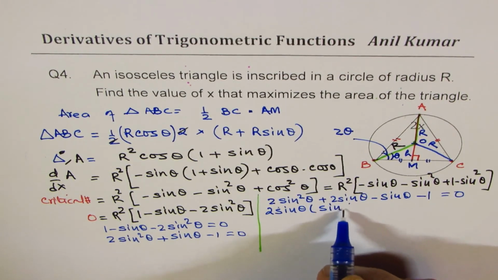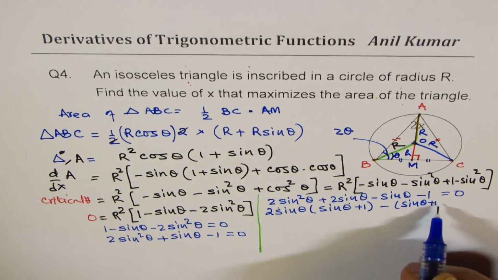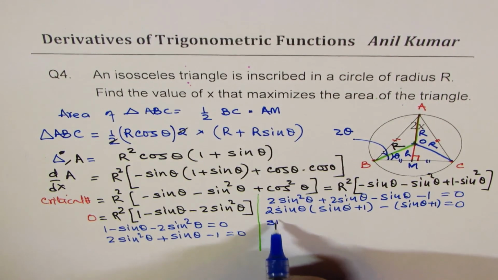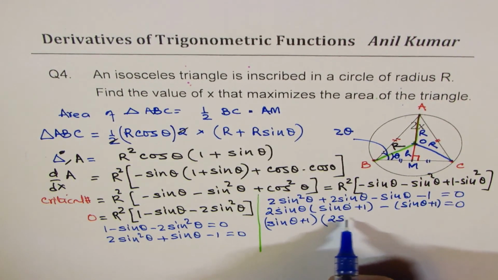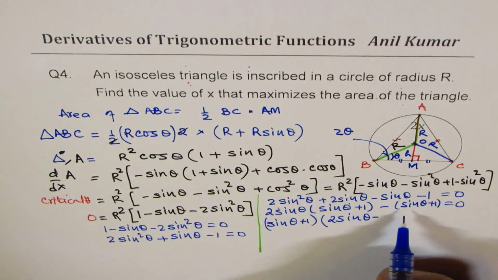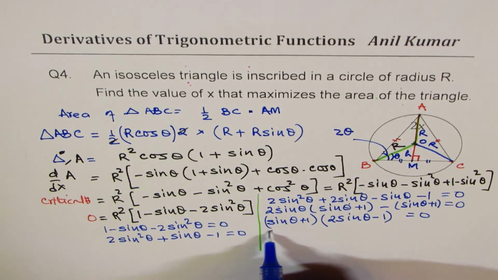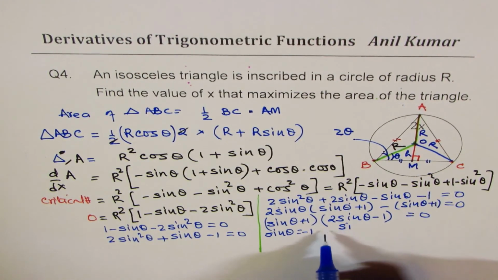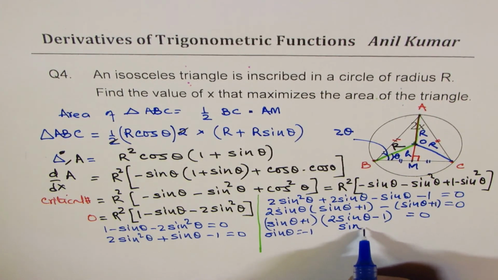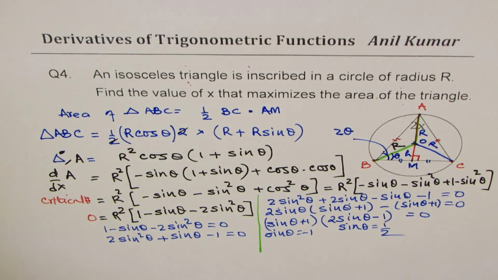We get 2 sine theta times sine theta plus 1, minus sine theta plus 1, equals 0. That means sine theta plus 1 is a common factor, and 2 sine theta minus 1 is the other factor. So that gives you sine theta equals minus 1 or sine theta equals half, correct? So these are the two values for theta. Perfect.